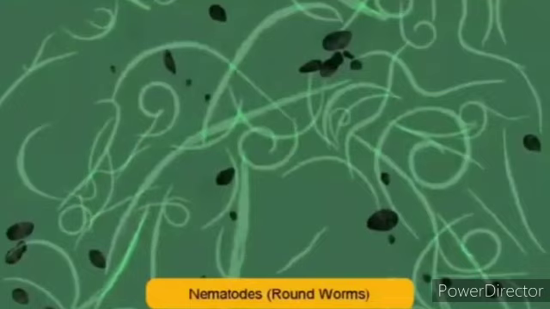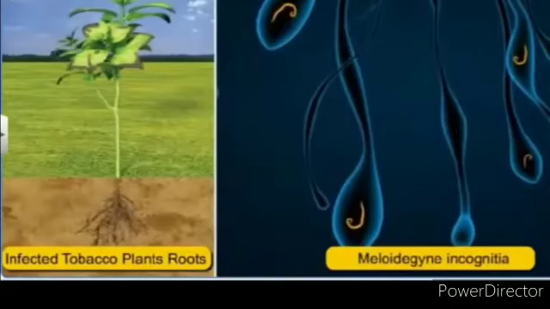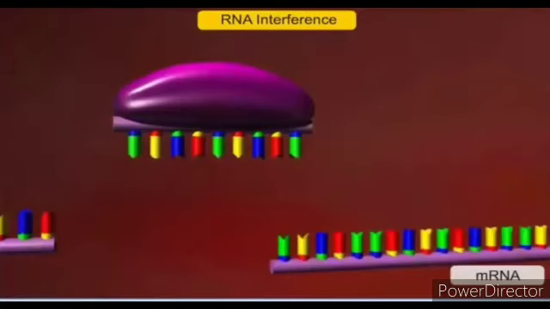Next, we'll see pest-resistant plants. Several nematodes parasitize a wide variety of plants and animals, including human beings. A nematode, Meloidogyne incognita, infects the roots of tobacco plants and causes a great reduction in yield. A novel strategy was adopted to prevent this infestation, which was based on the process of RNA interference.